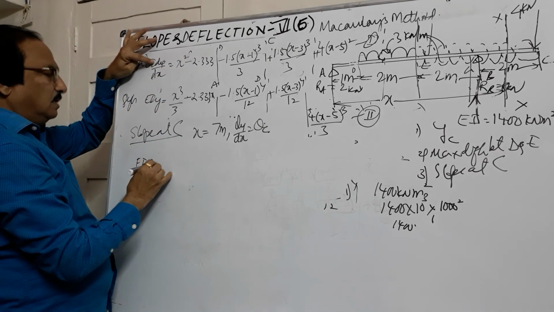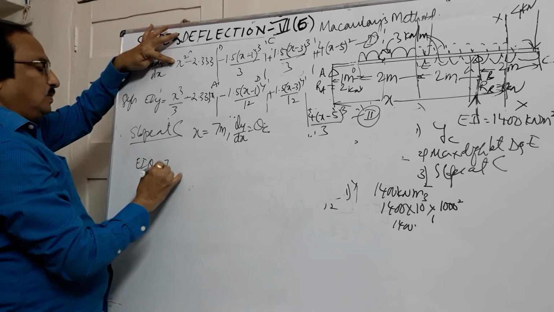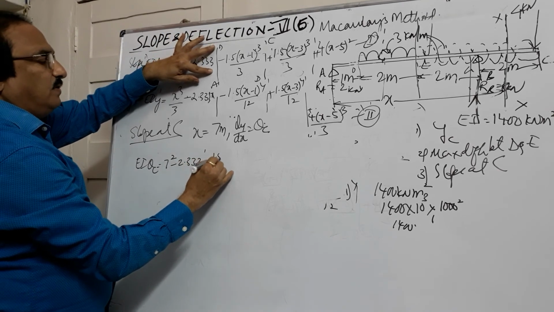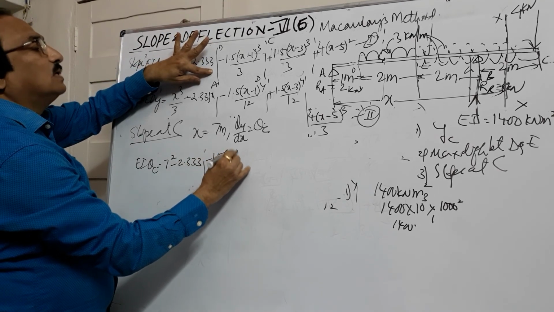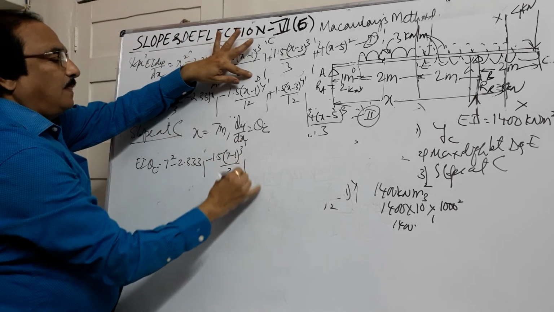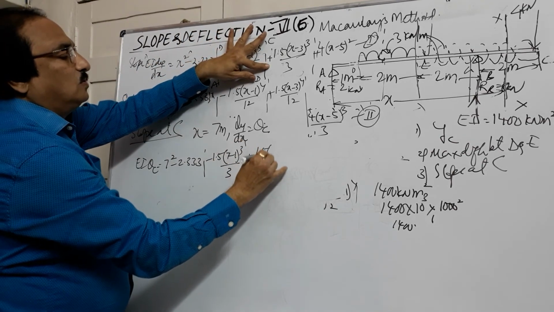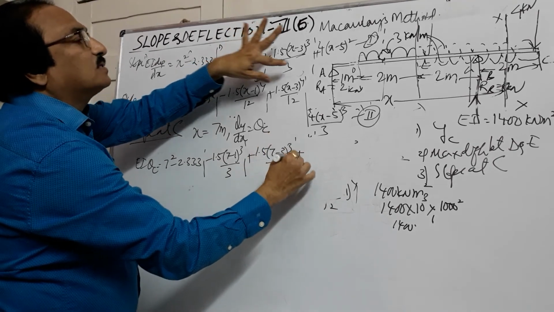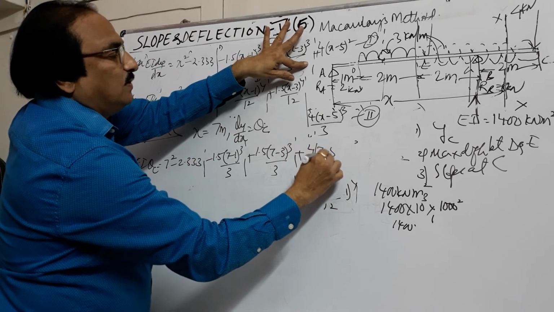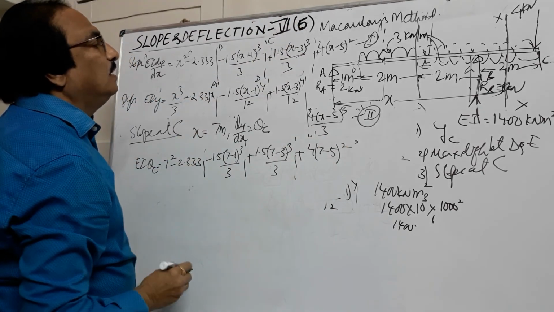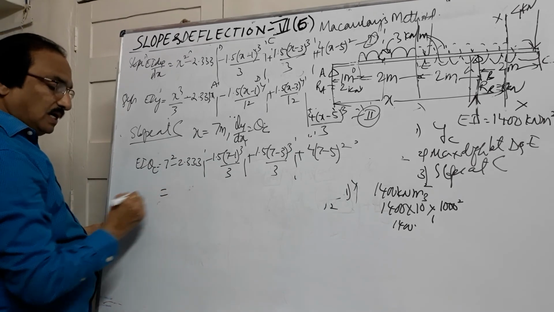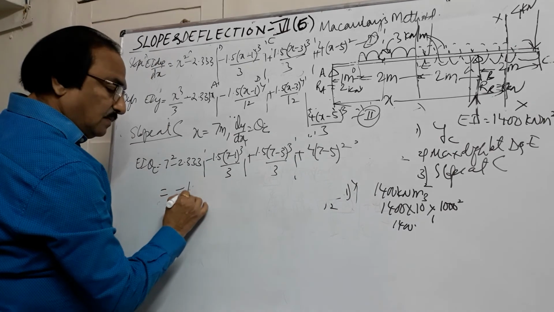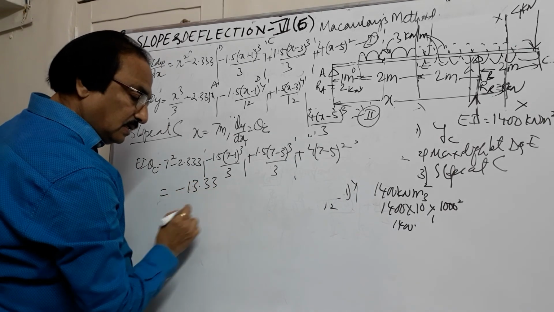EI theta C is equal to x is 7 square minus 2.333 minus 1.5 into 7 minus 1 raised to 3 divided by 3 plus 1.5 into 7 minus 3 raised to 3 divided by 3 plus 4 into 7 minus 5 raised to 2. If you simplify this, you get the value as minus 13.33.